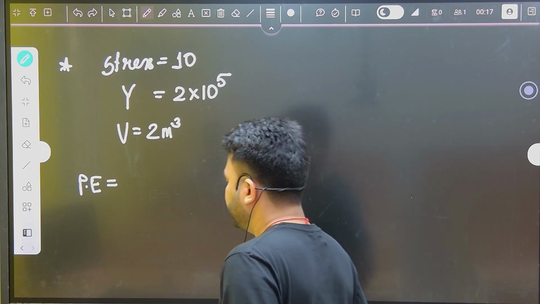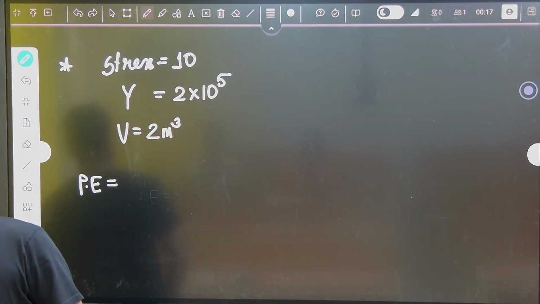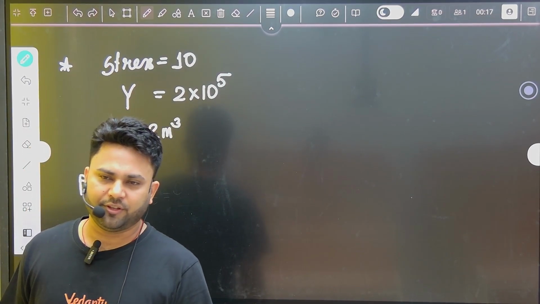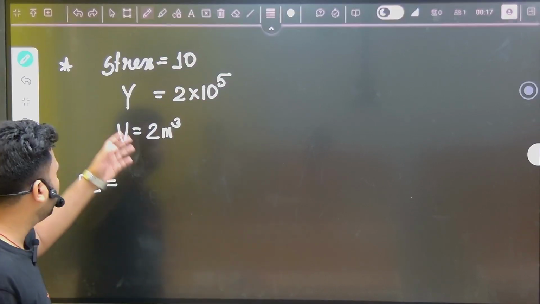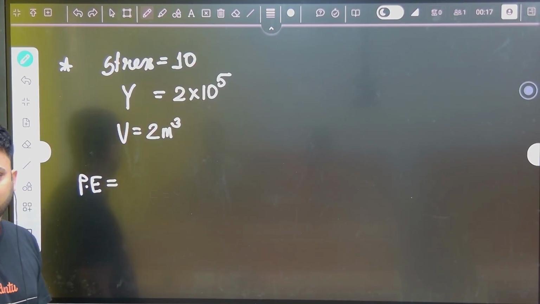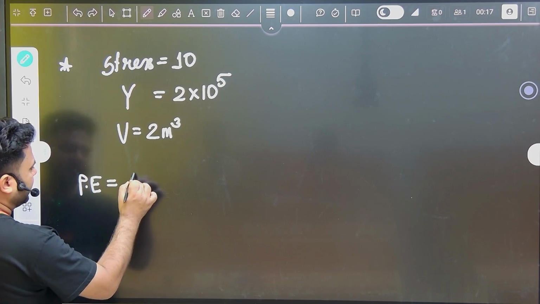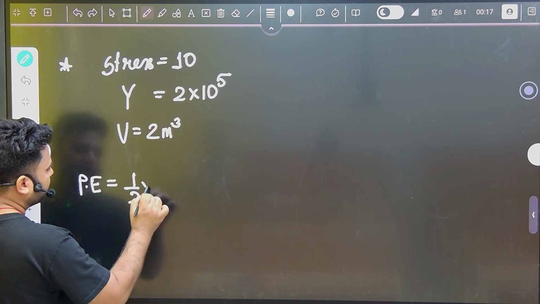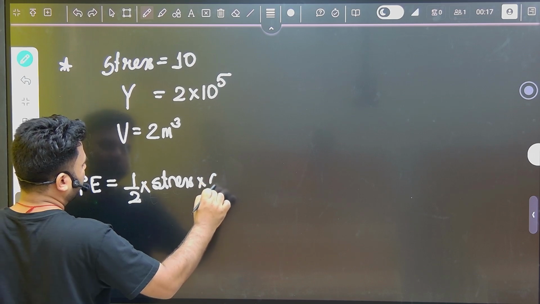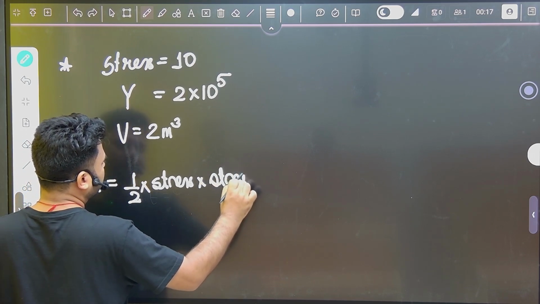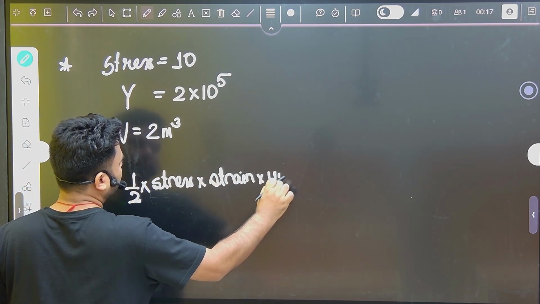Potential energy. See which formula you have to apply. I have given two formulas. One is force into delta L divided by 2. There is no force here in the question. So let's apply the second formula, that is half stress into strain into volume.